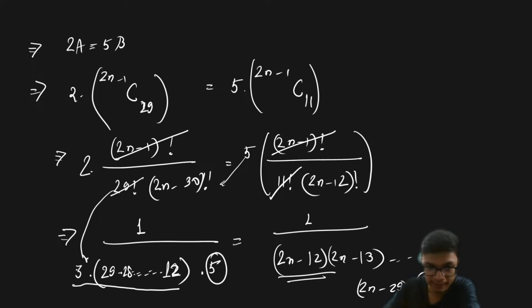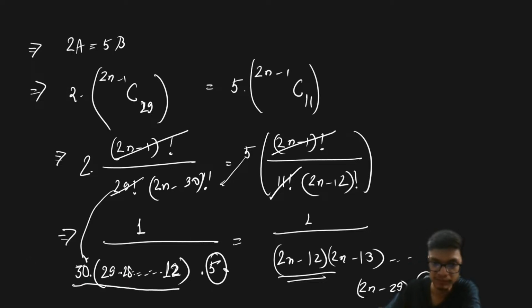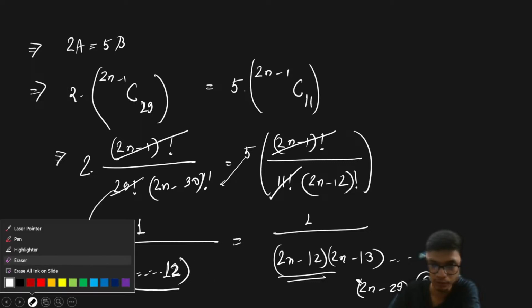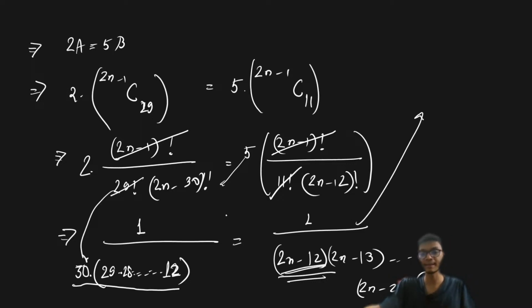So if I take 30 out from here, that is multiplying this 5 with 6, I just have to do the same operation over here also, right? So I multiply with 6 over here such that it becomes 30, and I do the same operation over here such that it becomes 12. Now once I get this, if I put this n minus 12 equal to 30, then the LHS is equal to the RHS, right?